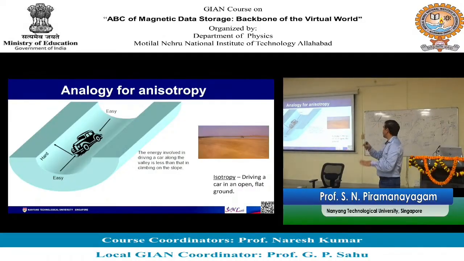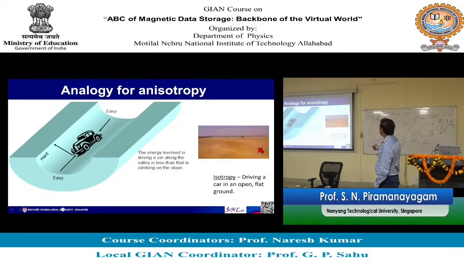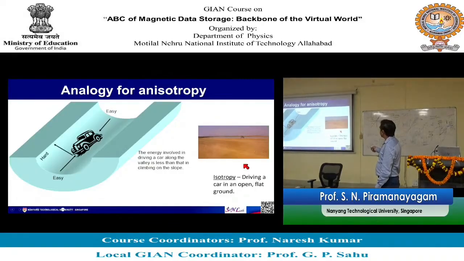So, there is no up or down. In that case, whether you drive the car from left to right or bottom to top, the driving is going to be the same. You press the accelerator to say 1500 RPM, then your speed is going to be the same in this direction or this direction. So, it is direction independent, and we call this isotropic.